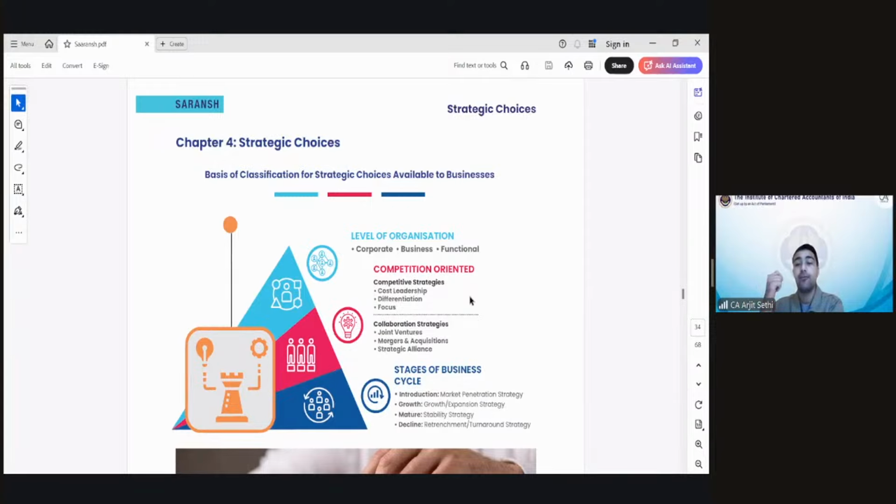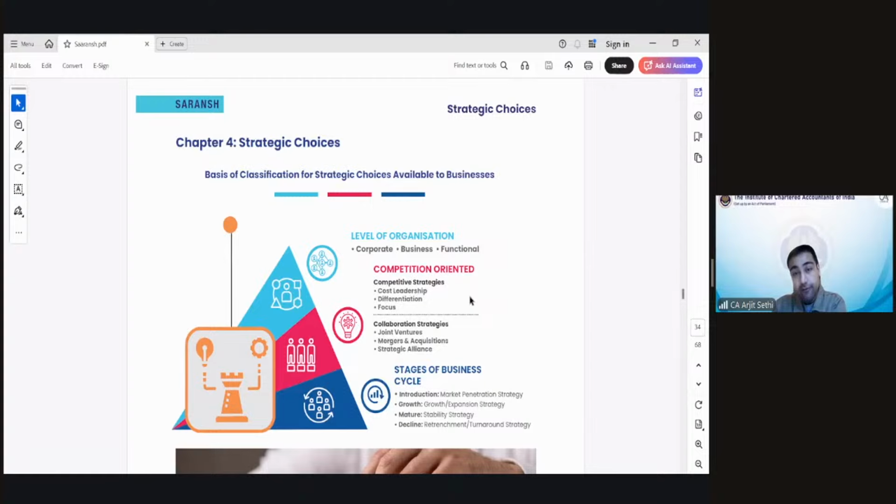If I say, hey, I want to collaborate with others, I want to grow together with other people, other businesses, similar businesses, businesses where I have synergy, where something common is there, and I can grow with them together. That is called collaboration strategies, like a joint venture, like mergers and acquisitions, like a strategic alliance.